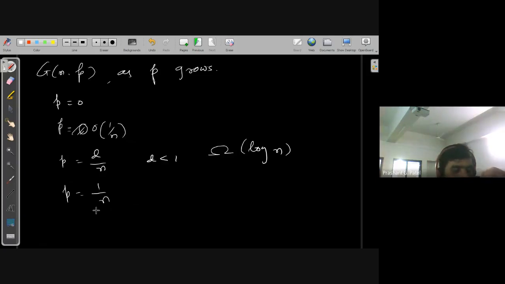The transition consists of a double jump: if p equals 1/n, a component of size n raised to 2/3 vertices emerges, which is almost surely a tree. And if p equals d/n and the value of d is bigger than 1, a true giant component emerges, having a number of vertices proportional to n.